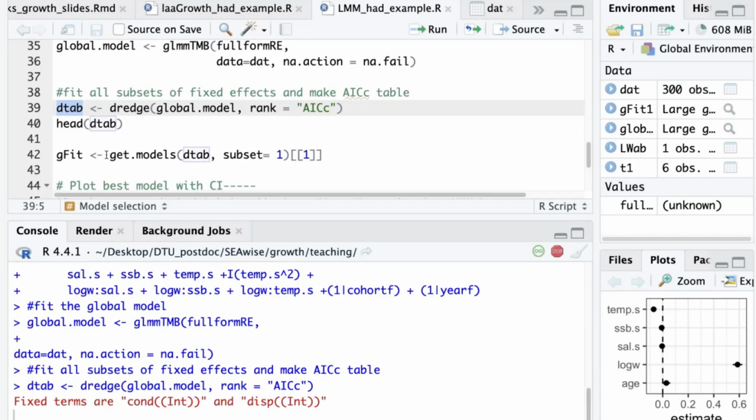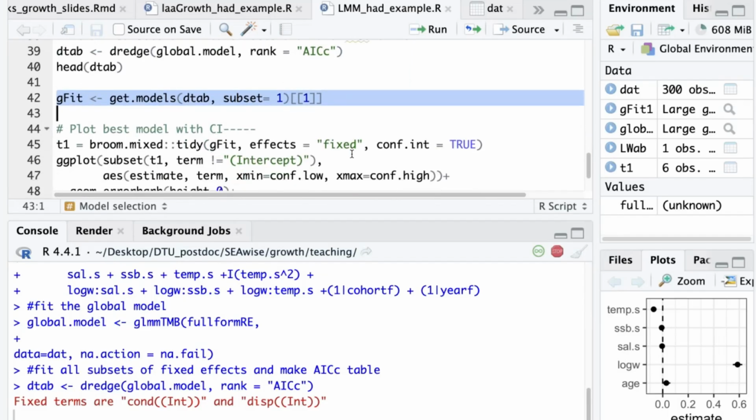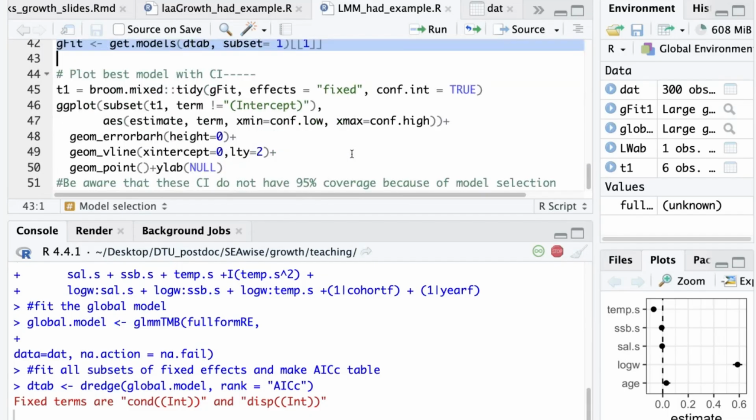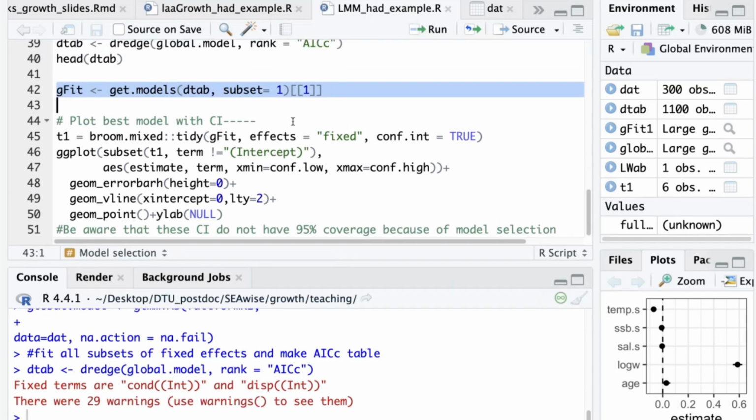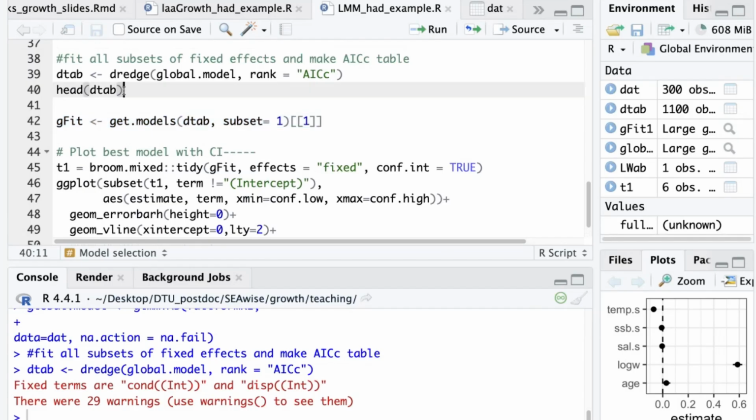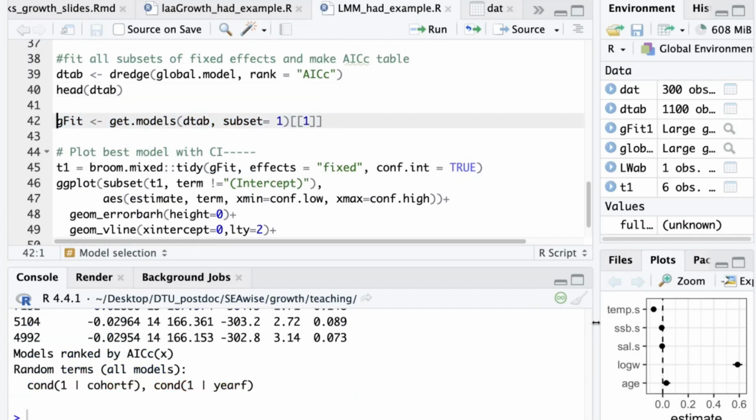And then we will take out the top model, the very most parsimonious model, and we will plot the coefficients from that model with the confidence intervals, but they don't have the 95% coverage. Okay, so now that's done. So we look at the top models here.